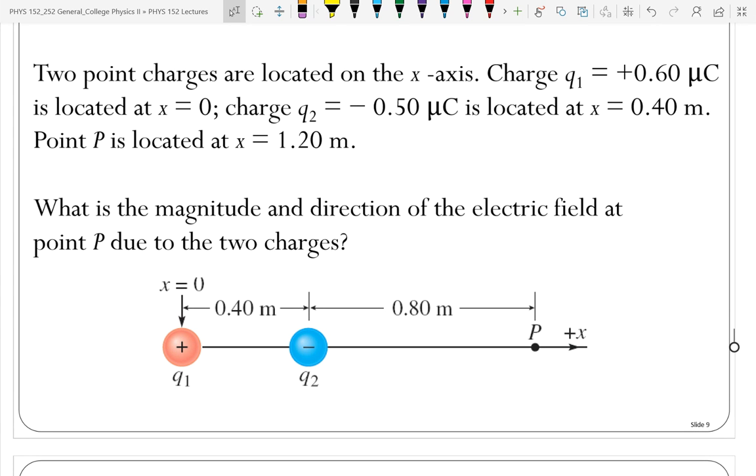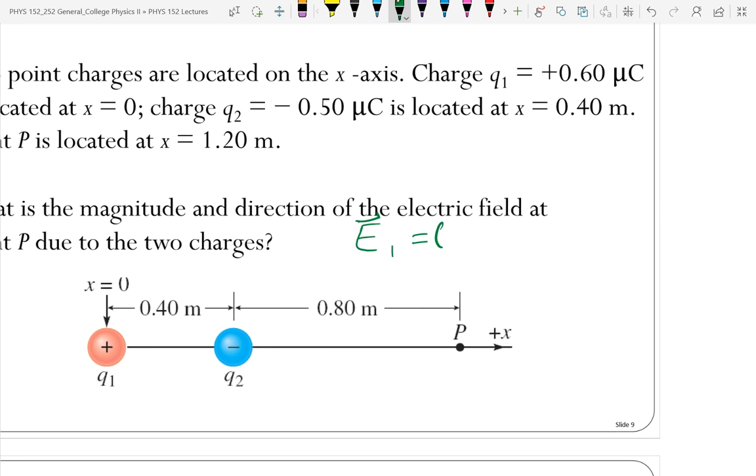So electric field 1, notice the x direction is defined, so I can use a vector and don't have to do anything special. If that's a positive charge, what direction is the electric field going to point for a positive charge? Away. So away is going to be in the positive x direction.